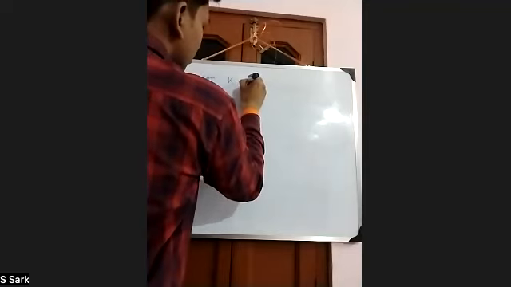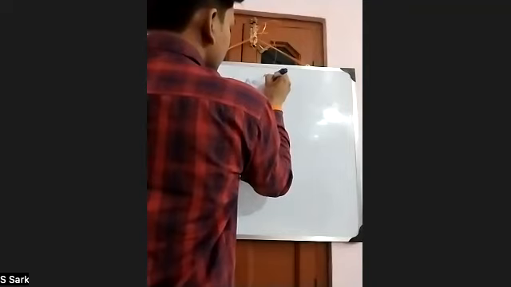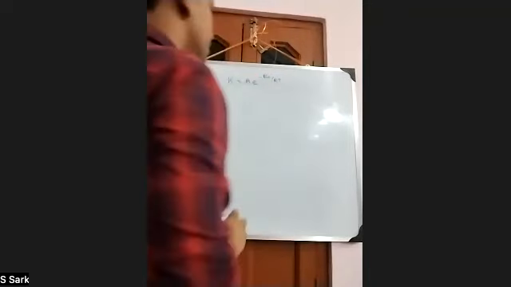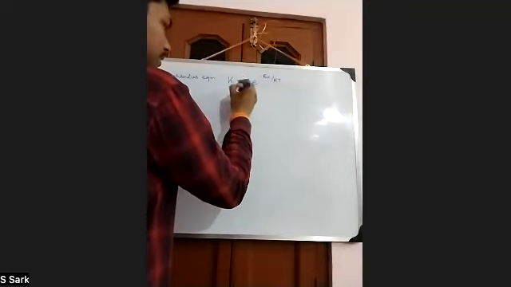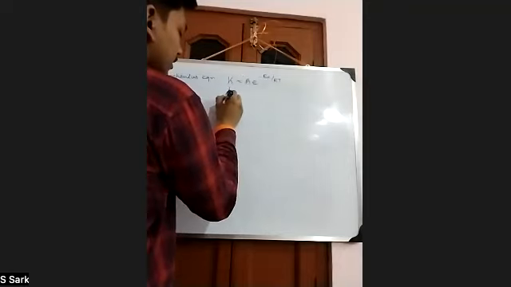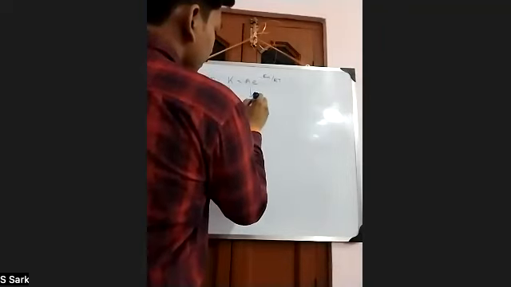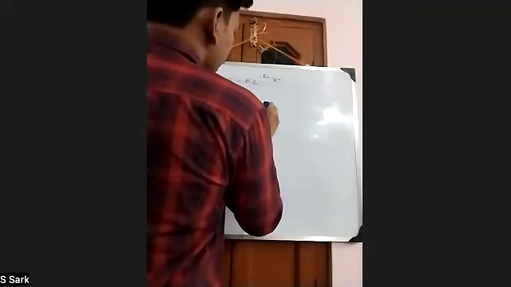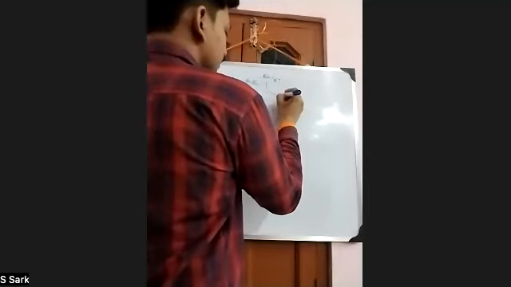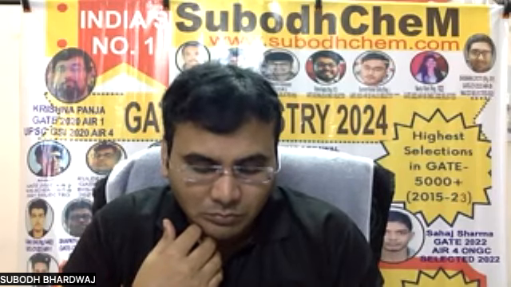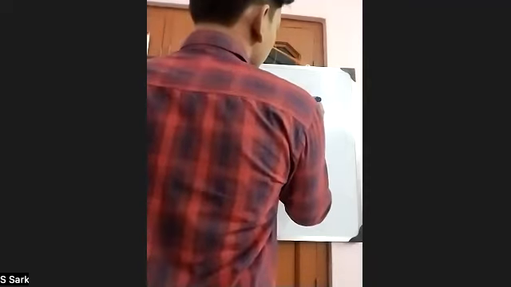In this equation, K is the rate constant, A is the frequency factor, and EA is the activation energy. So this is the relation between activation energy and rate constant by the Arrhenius equation.